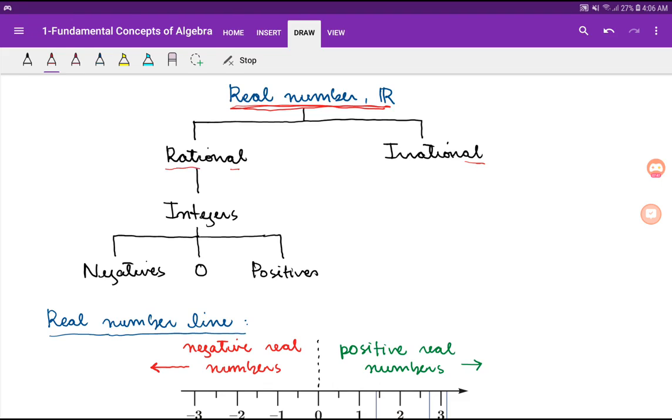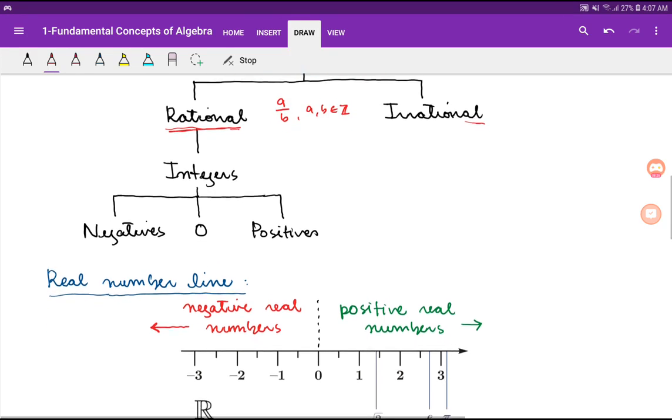But below rational numbers, if we remember, a rational number has the form a divided by b, where a and b are integers. So rational numbers consist of integers, and integers consist of three things: negative numbers, positive numbers, and zero. This is the real number system that we are going to use throughout the course of algebra for matriculation.